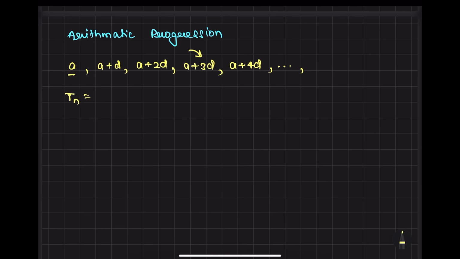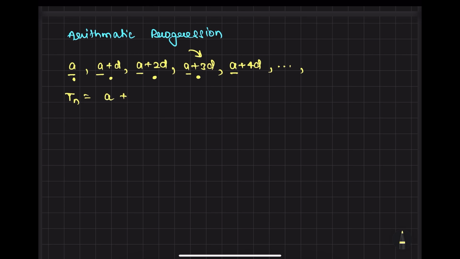You know that in every element there is a involved. So in nth term also you will be having a, then plus. In first term the number of d is 0. In second term the number of d is 1. In third term number of d is 2. In fourth term number of d is 3.